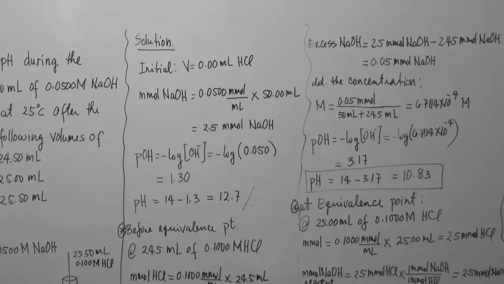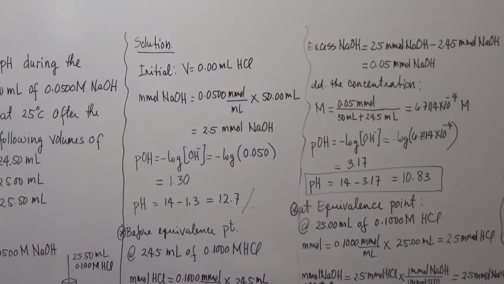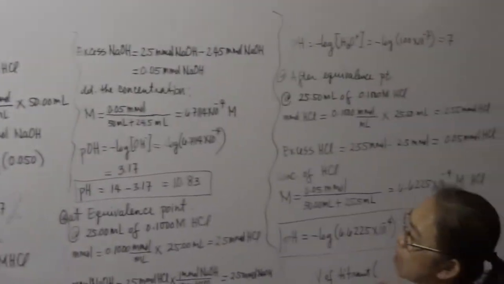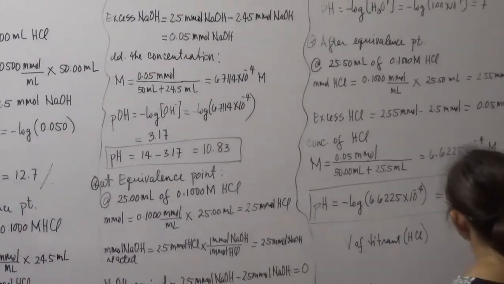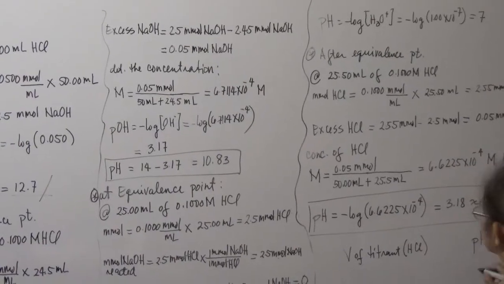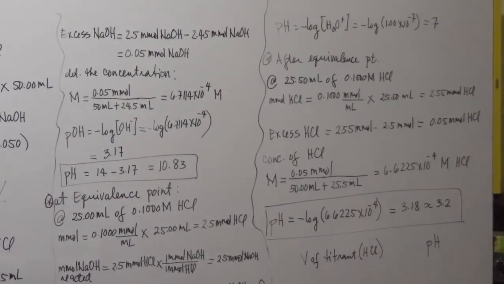The titration curve is the graph of the pH of the solution in the flask versus the volume of the titrant. What is our titrant? Hydrochloric acid, versus the pH of the solution that is in the flask, the analyte.